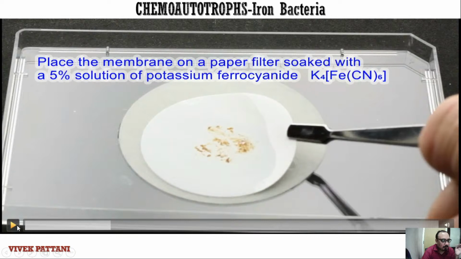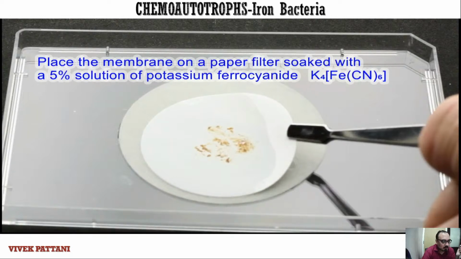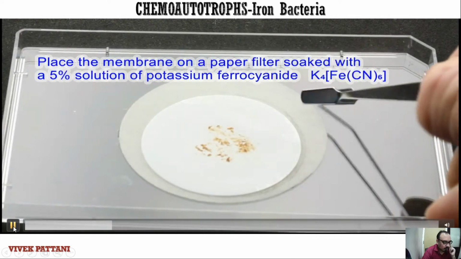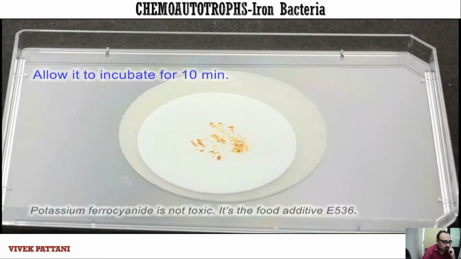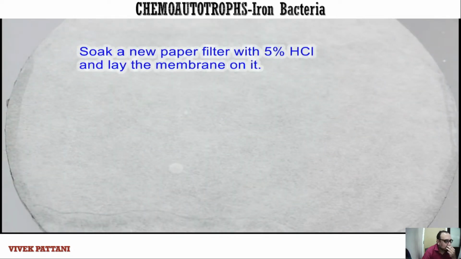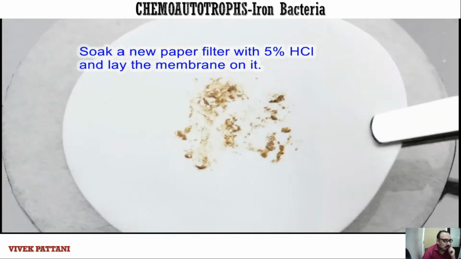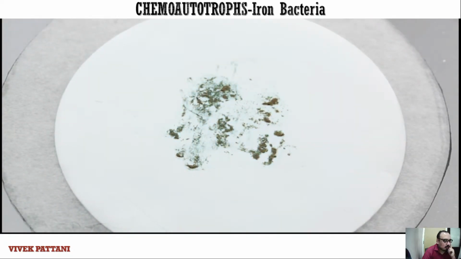Now simply place a membrane on a paper filter soaked with 5% potassium ferrocyanide. Allow to incubate for 10 minutes. Soak a new filter paper with 5% HCl and lay the membrane on it.